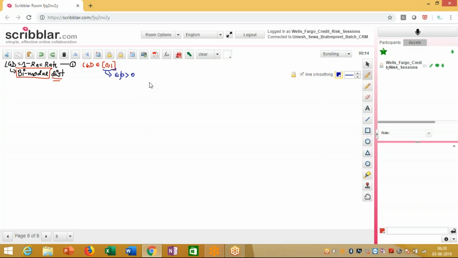This probability P is something like the relative frequency. It is the likelihood that a particular value between 0 and 1 will be chosen.